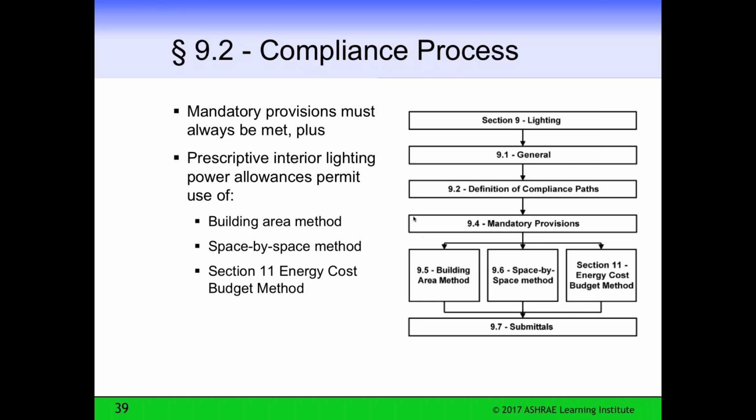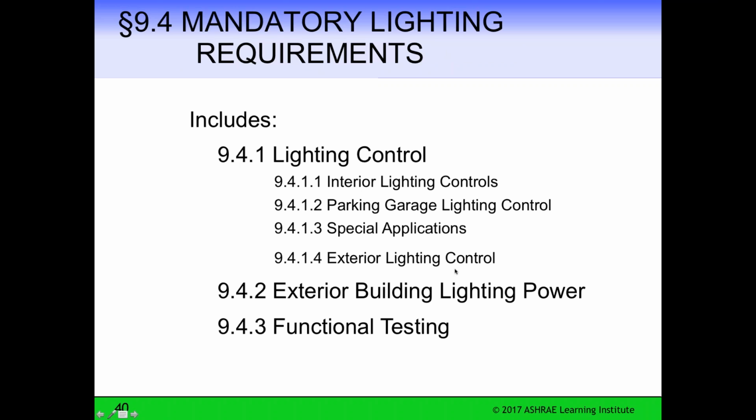And then a space by space method, which is a more detailed method by which you're also allowed to get additional credits. And then you have Section 11, the energy cost budget method. These are the requirements within the lighting section.